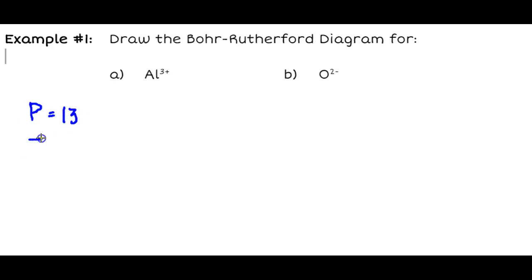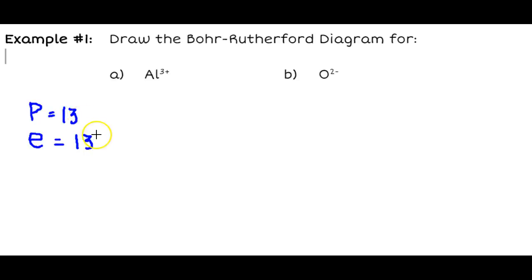and 13 electrons. This is if it's neutral, right? But it's not neutral, and that's the problem here. I have an ion. Because aluminum has a 3 positive charge, that means that I have 3 extra protons compared to electrons. Remember, I can't mess around with those protons.